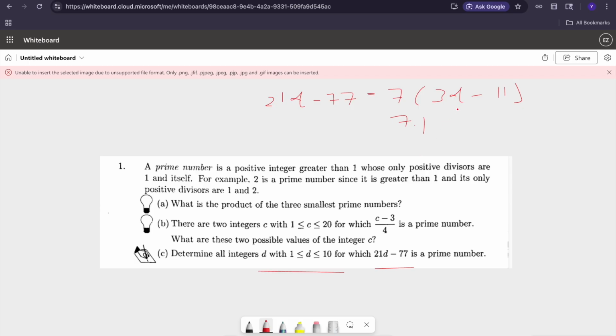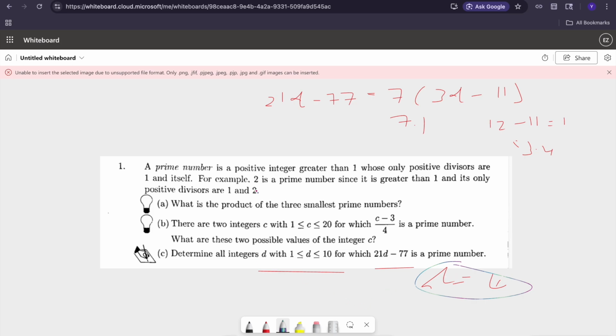So which means we need to get 12 minus 11 to obtain 1. And here 12 should equal 3 times 4, so d here is 4. And it's the only possibility here. And that's it. d equals 4.